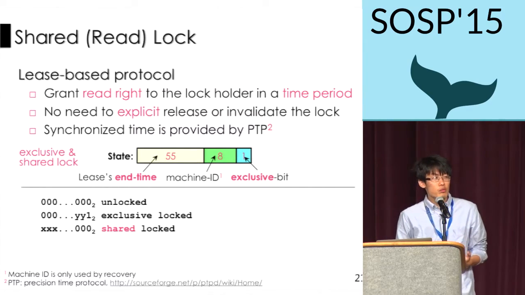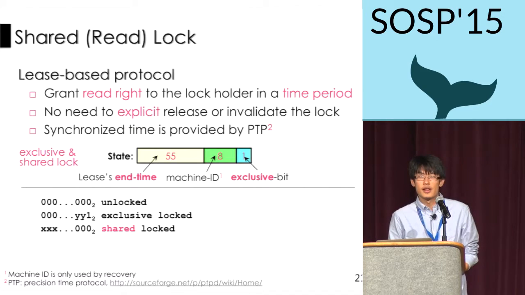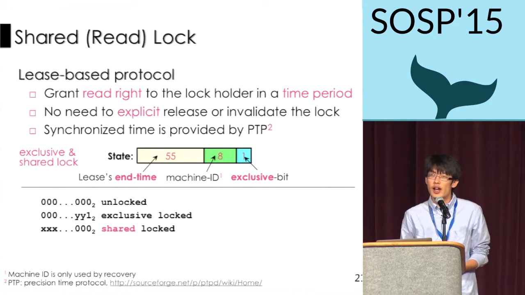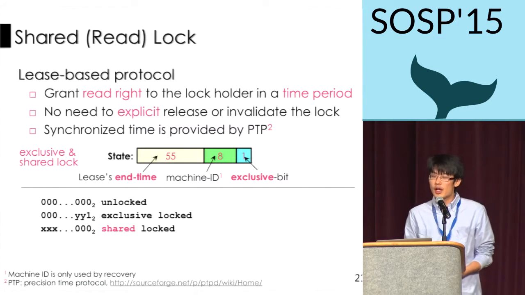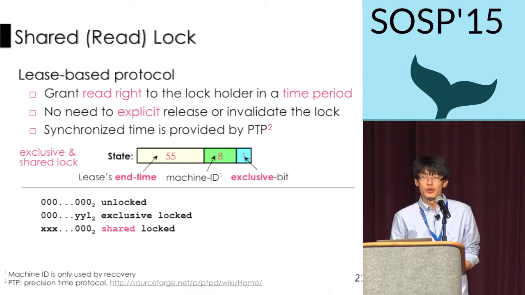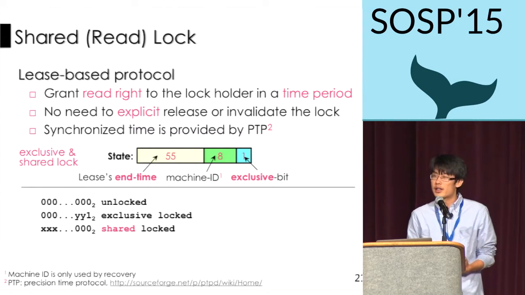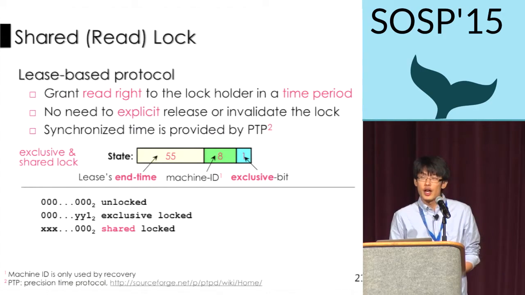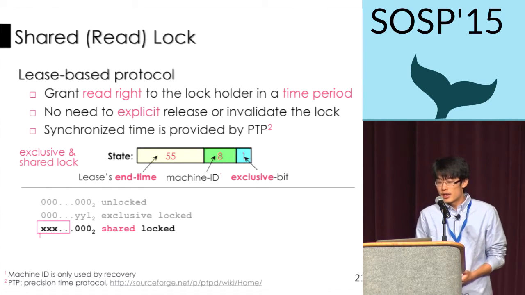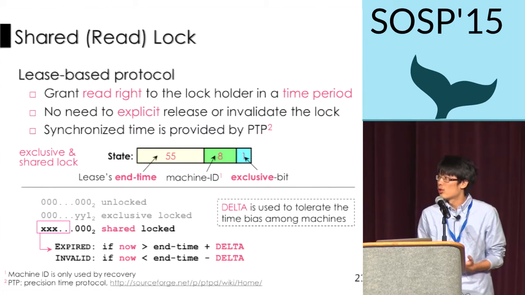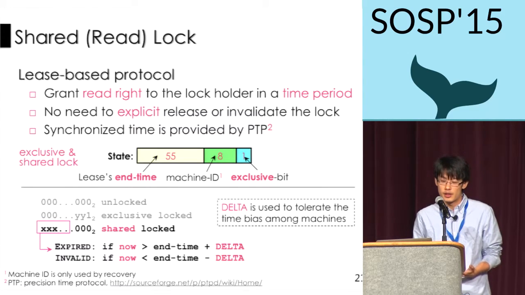Here, we use each machine's local time to set the lease and to check whether a given lease is valid or not, since machine time may have deviation in a distributed setting. We solve this problem by, first, using a time synchronization protocol to minimize the deviation among machine times in the cluster. And second, we use a delta to tolerate the possible deviation among checks.